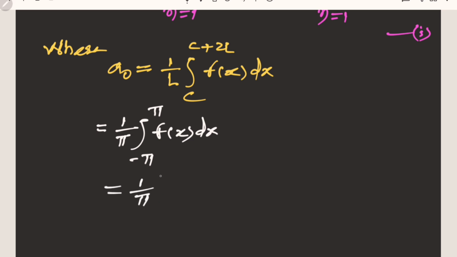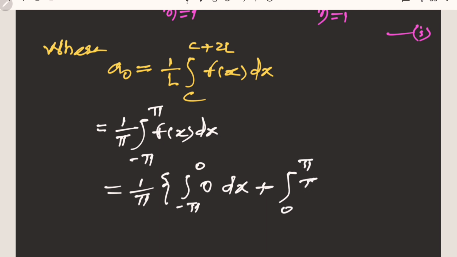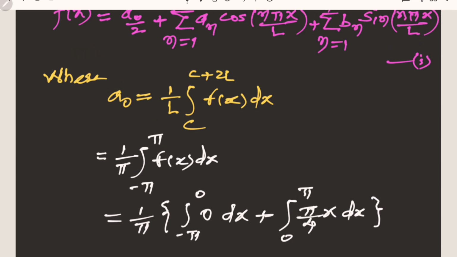Splitting that integral as minus pi to 0 and 0 to pi. Between minus pi to 0 the value is 0, and between 0 to pi the value is pi by 4 times x with respect to x.